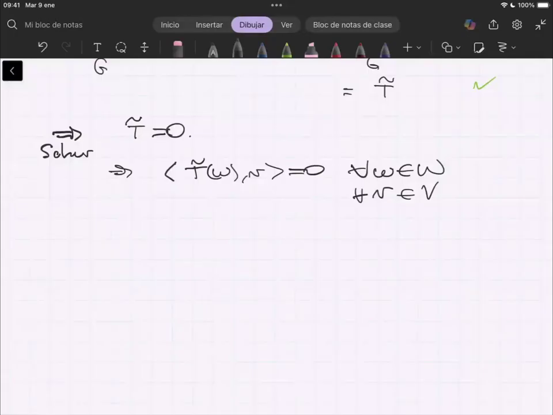So now we're going to pick a specific linear map T, the one given by an inner product. I'm going to use the same letters as in the lemma.